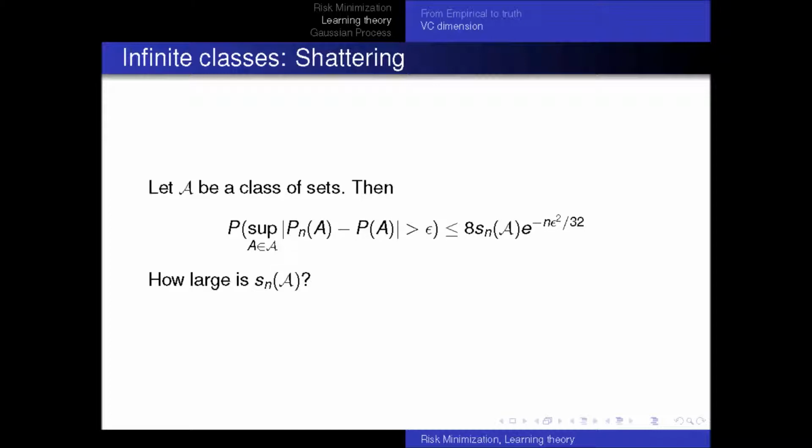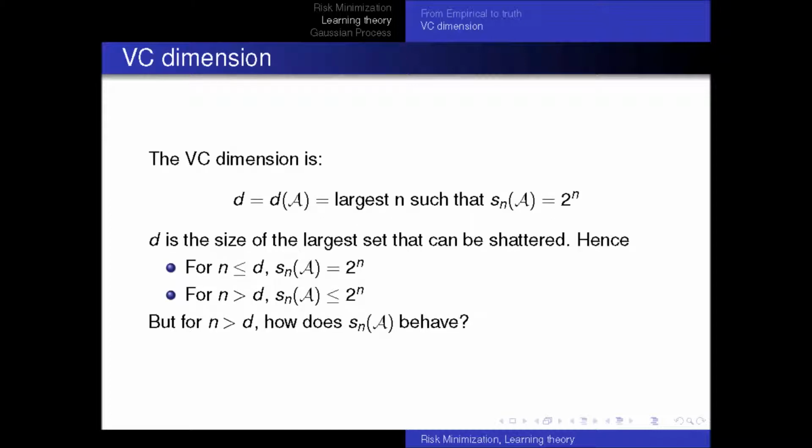So actually, it's not as exponentially increasing as 2 to the n. The increasing part is in this bracket, n plus 1, and the exponent is always D. This is the VC dimension, already determined. So this bound is tighter than the previous bound, 2 to the n.